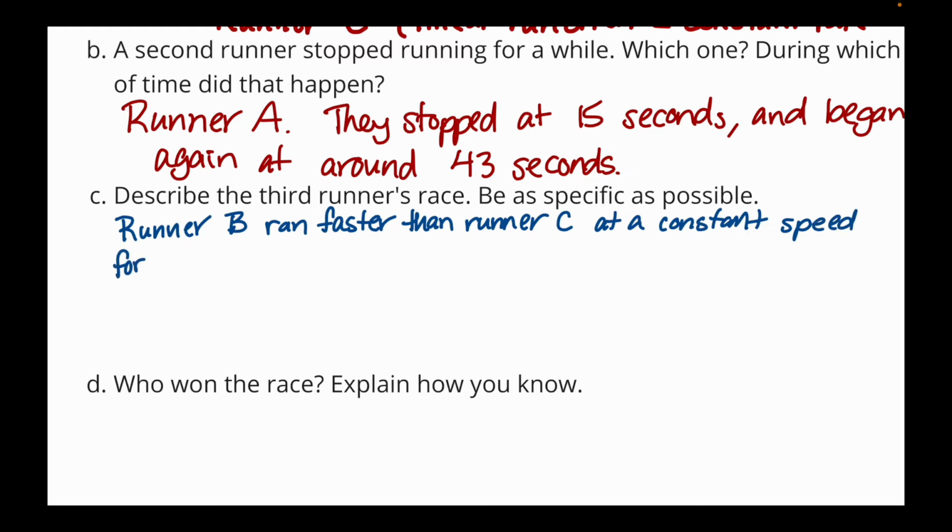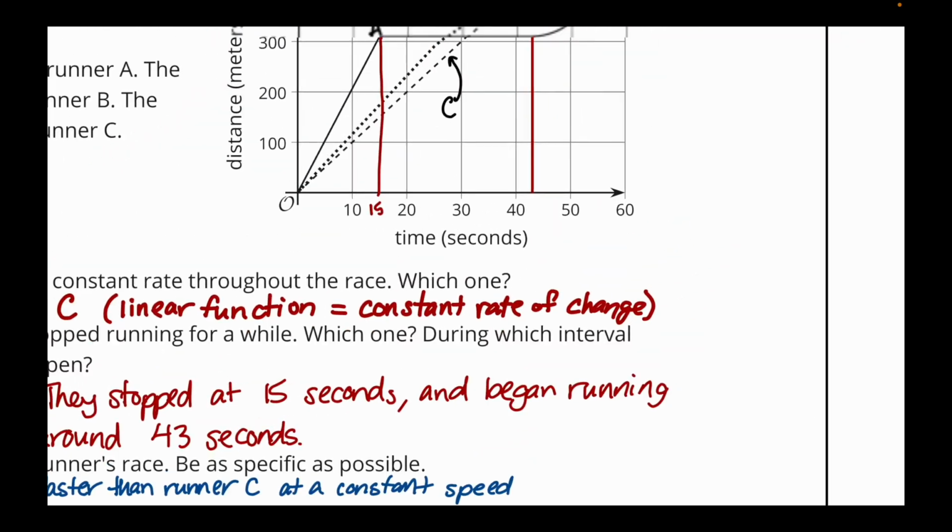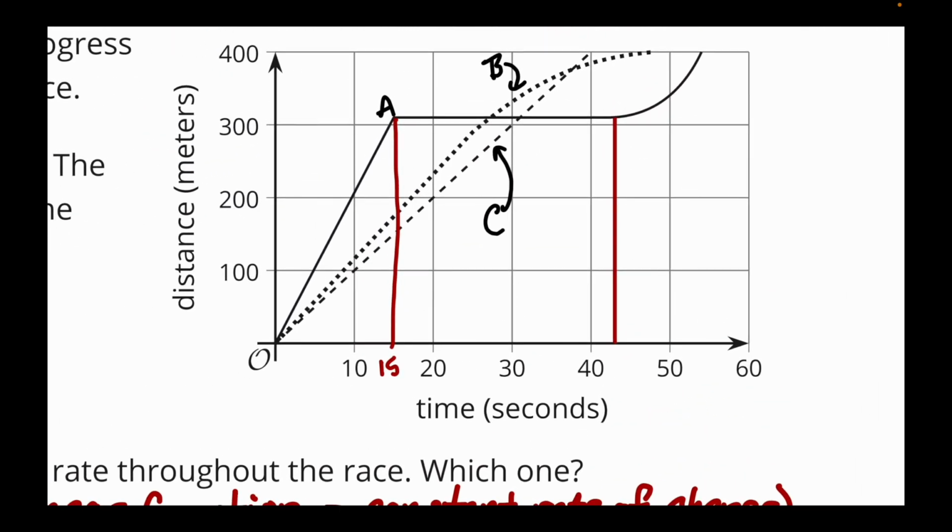For the first, and how many seconds did that look like where they had stopped?